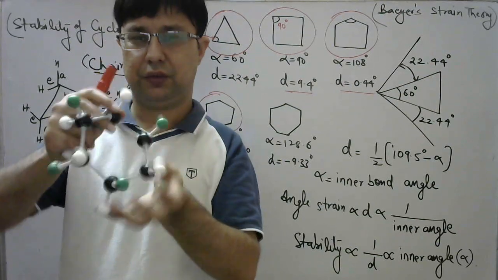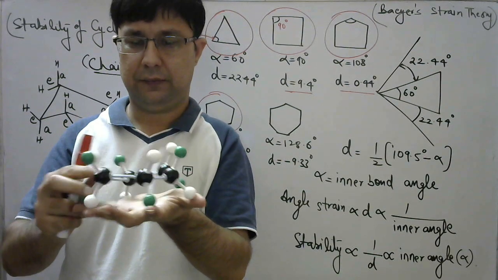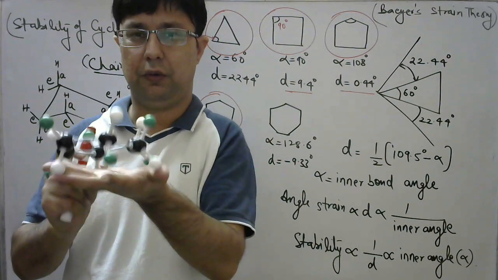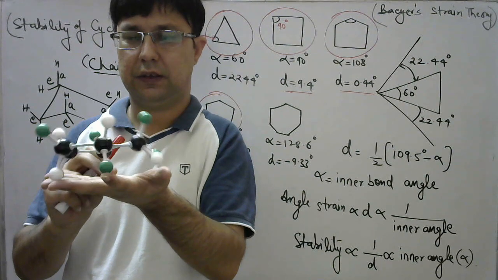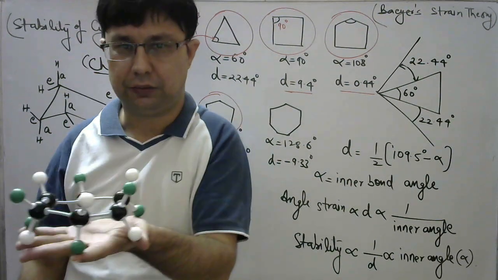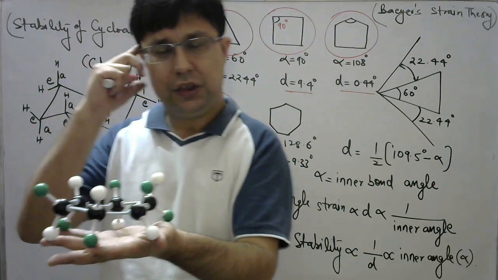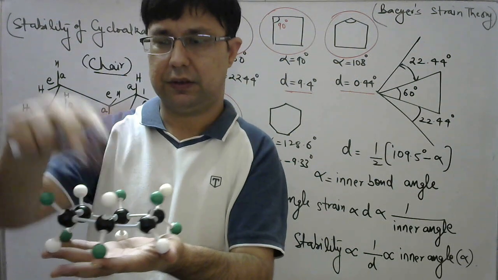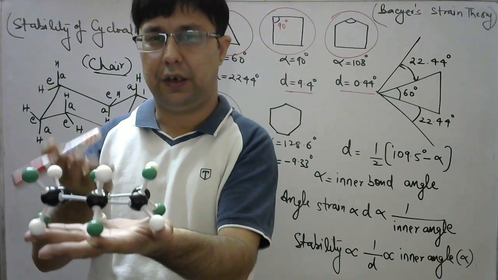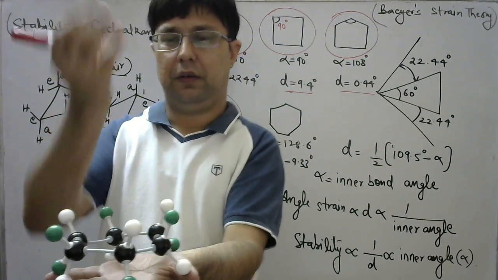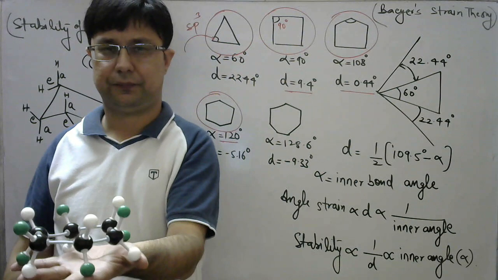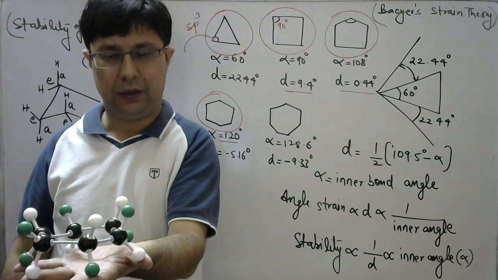If we consider this molecule, you can see that there are 6 atoms which are touching my hands. In addition to this, there are 6 bonds which are indicated above the plane of the molecule. I think it is clear.